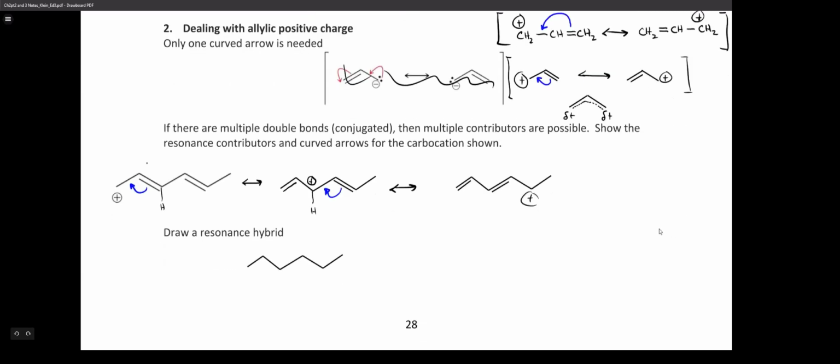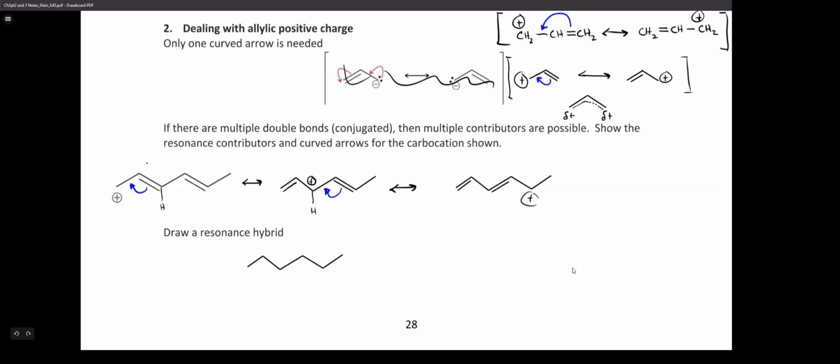Okay, so a hybrid. Where can the electrons be? If we combine all the hybrids, where are pi bonds? There's a pi bond between the first and the second one. Here there's one between the second and the third. Here's one between the third and the fourth. They can get everywhere except the last one, right? The last bond is the only one which never has a pi bond.